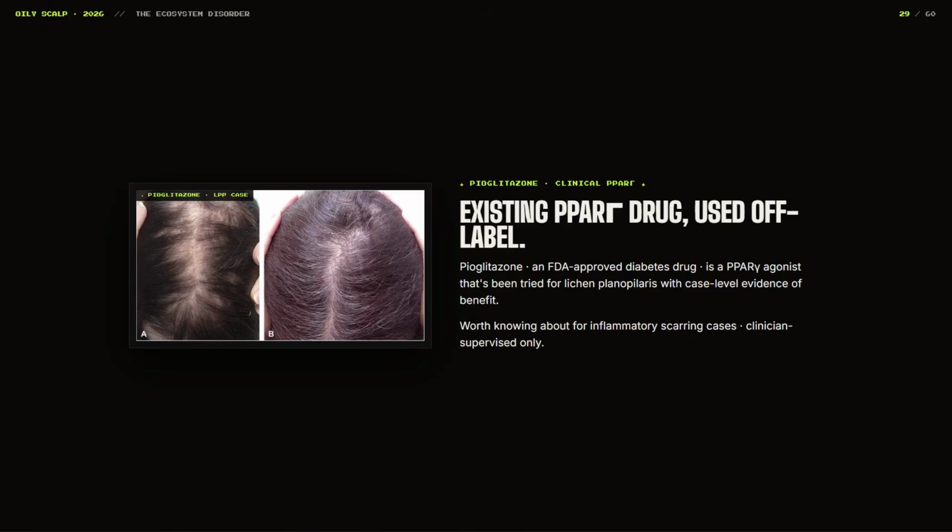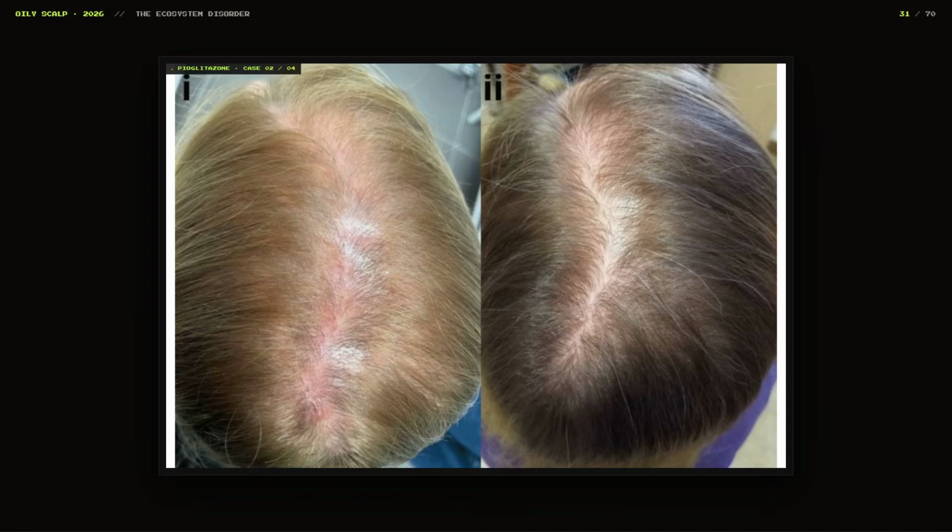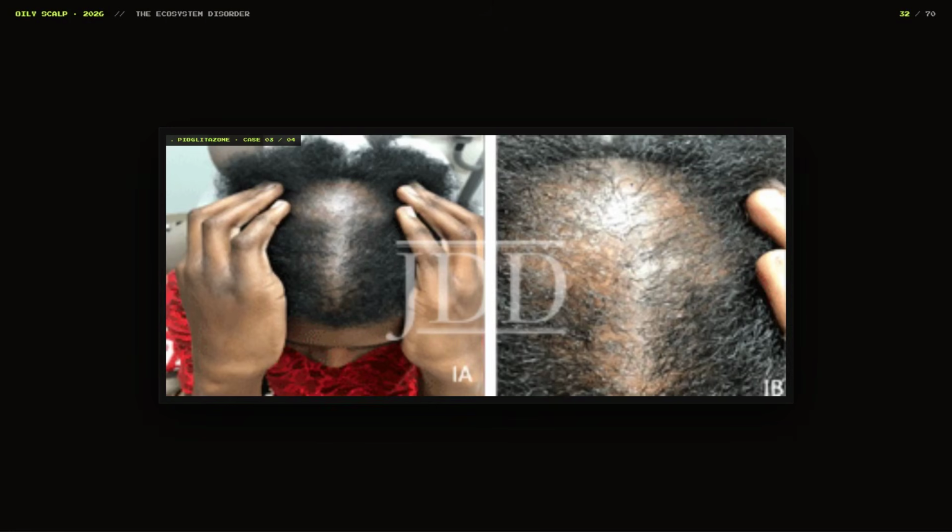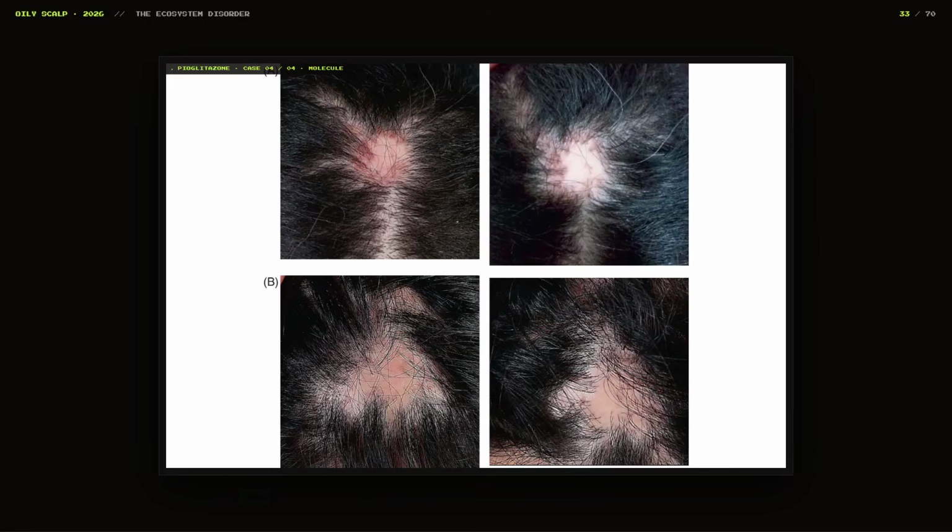So there are drugs like pioglitazone hydrochloride, which I'm not telling you to use, go talk to your doctor, but orally and topically, they've been shown to ameliorate the condition of lichen planopilaris, but also in some cases help with acne and dermatological disorders. But they have their own side effects, which include weight gain if taken orally.